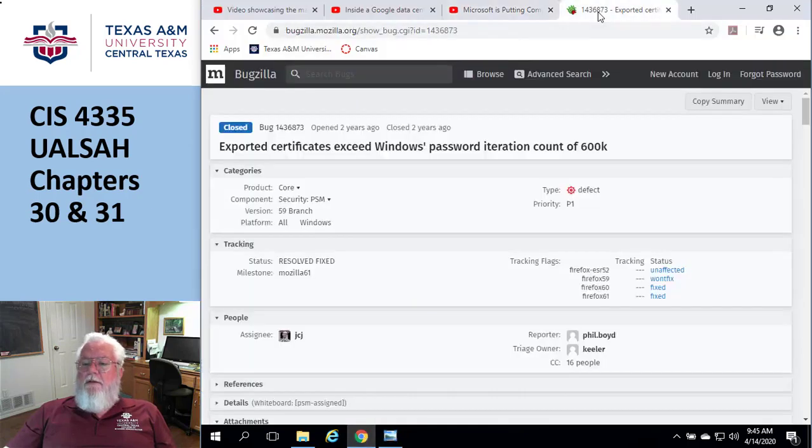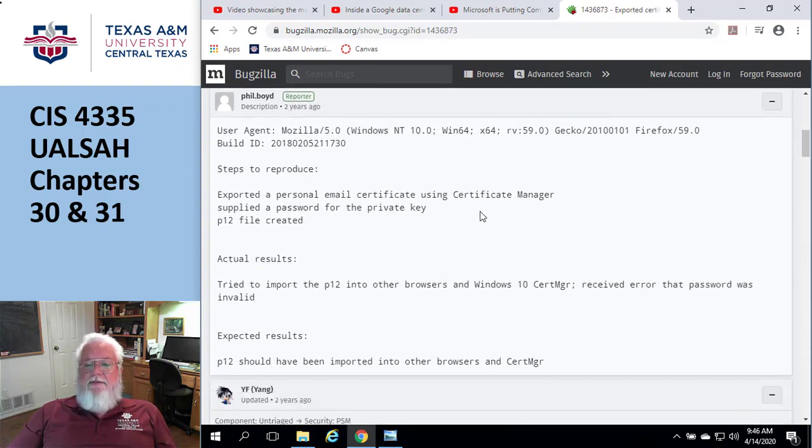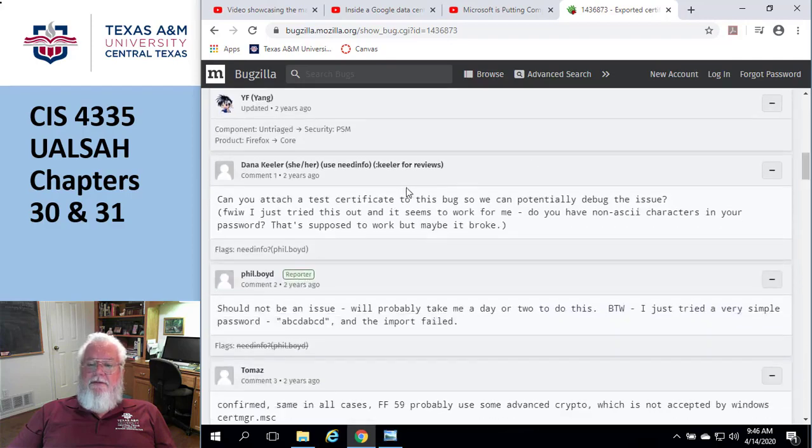Okay, hang on. Yeah, here's one that I'm familiar with because I was one of the ones who actually submitted a bug for this. This is talking about a bug in a particular browser and how it got fixed. It was a Firefox bug that I found where I was trying to work with a digital certificate and it didn't work. It talks about the tracking and who did it, and here's what I found and here's what it takes to do it.